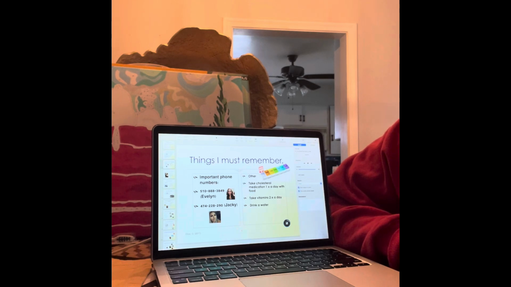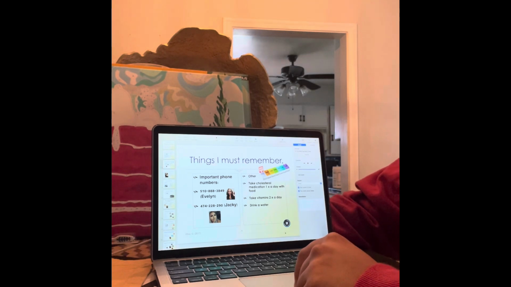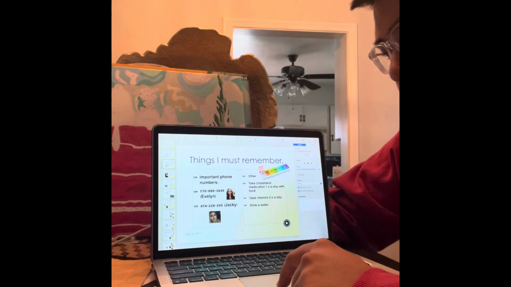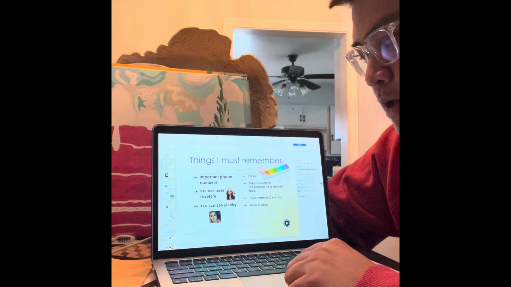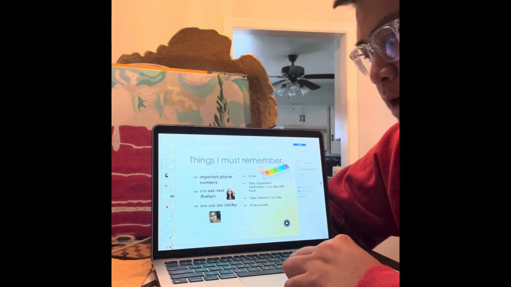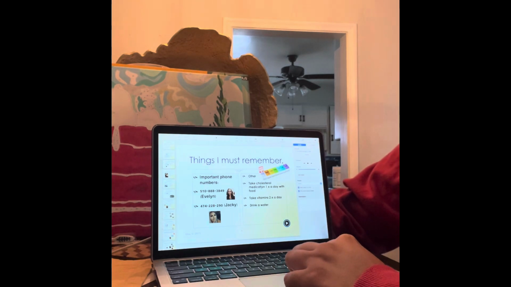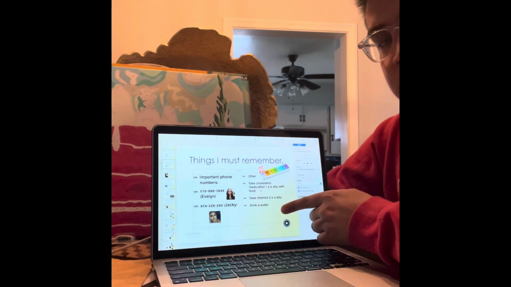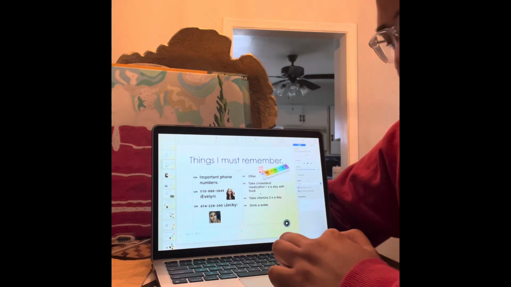Important phone numbers, my 2 daughters, and I need to take my medicine and drink water. And here are my daughters' phone numbers, which I gathered here to contact them. And here are parts of my medication to remind myself to take once a day with food and vitamins as well.